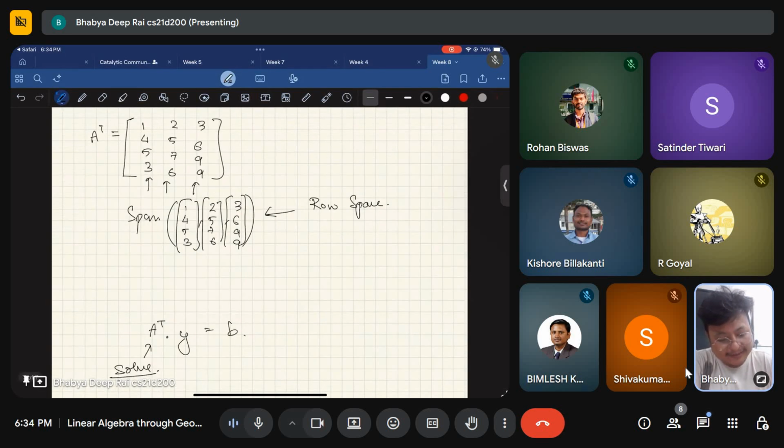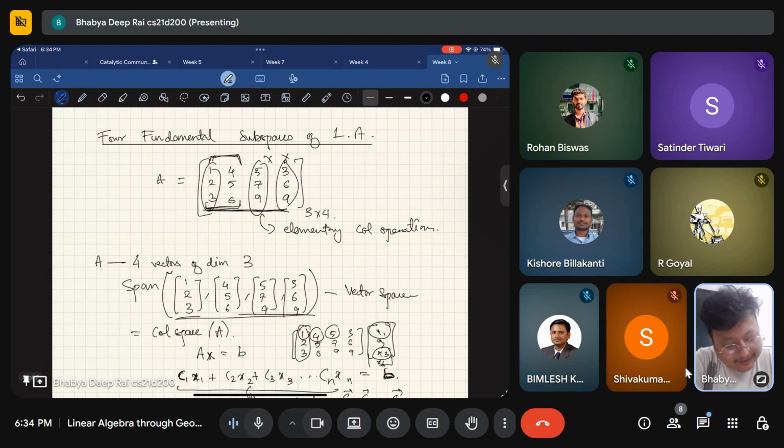Now what you realize is, we'll do the same thing. So this has a basis, 1 2 3 4 5 6. So this is its basis. What is the dimension? Dimension is 2.